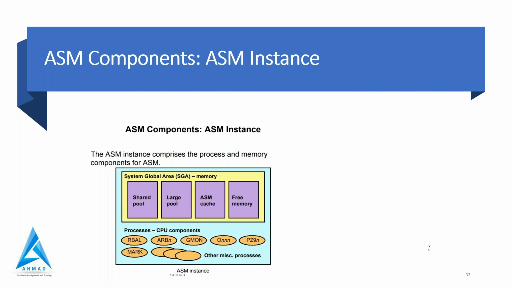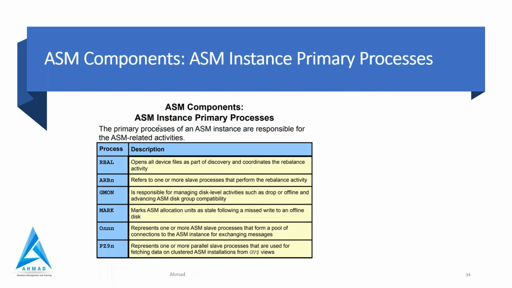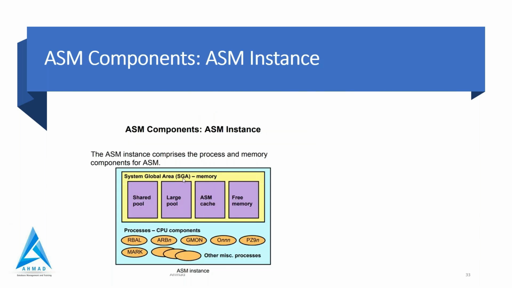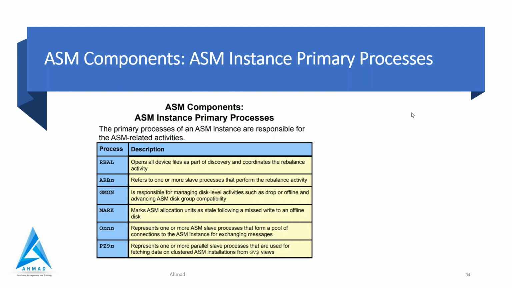And VMB, the volume membership background process, coordinates cluster membership with the ASM instance. Clear? And these are the ASM instance primary processes mentioned here. So RBAL is used for rebalancing.